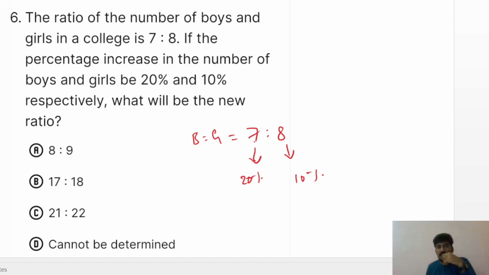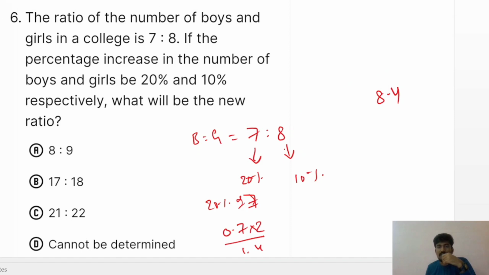20% of 7. Here 10% of 7 means 0.7. 20% means into 2, 1.4. So 7 plus 1.4 is 8.4, after increasing the number of boys.